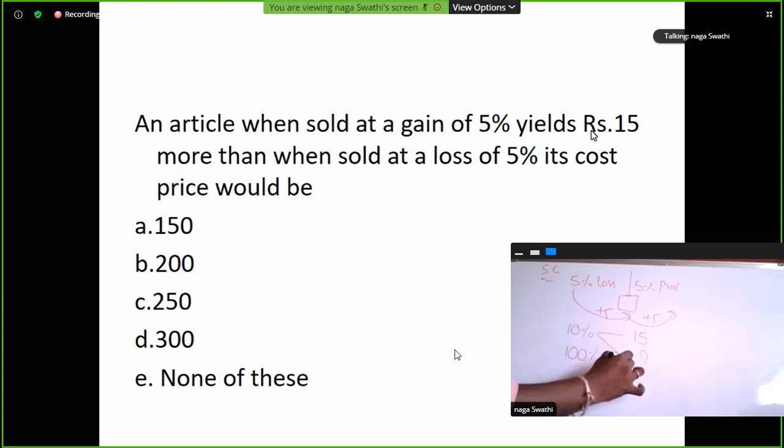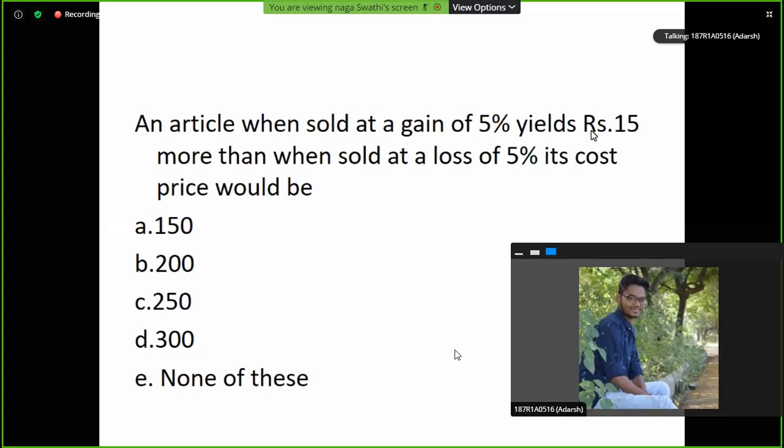Then what is the value of 100%? So 100 into 15 divided by 10. Okay, that is equal to 150 rupees. So this is the answer. Okay, answer 150.